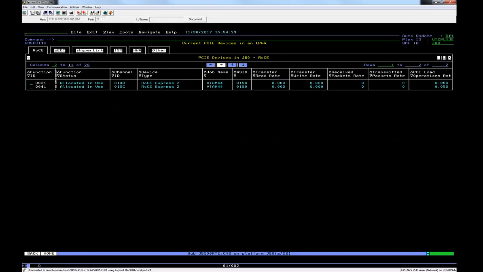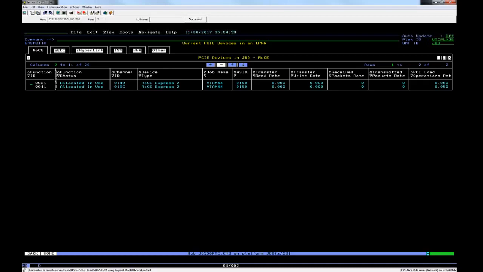In this case, we have RoCE Express 2. There are other versions of RoCE that can appear here. Then the job name that owns the function, its ASID, and then statistics that are specific to RoCE. There are 4 in this case: transfer, read rate, write rate, and the packet received and transmitted rates.